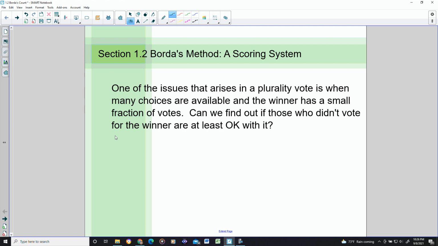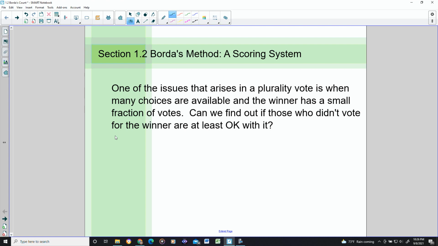Okay, so here's the idea. Up until this point, we've used plurality and runoff types of elections, and those have their benefits and their disadvantages. One of the benefits of using a runoff system, as we've seen before, is that we can rely on a person's second choice in order to force a majority.